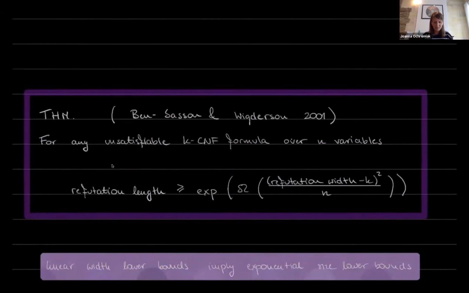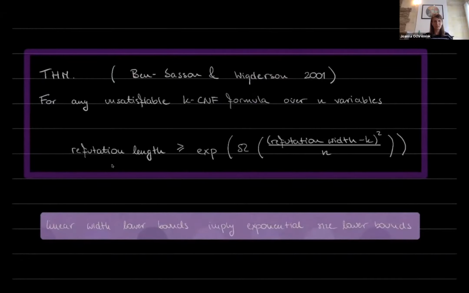Another thing I mentioned is that we are also interested in proof complexity in the relationship between different complexity measures. This is a very important and influential theorem by Ben-Sasson and Wigderson. They proved a trade-off between resolution width and resolution size.